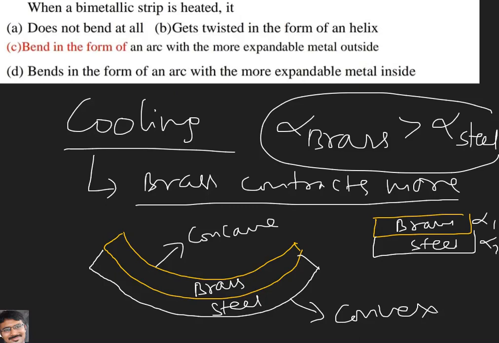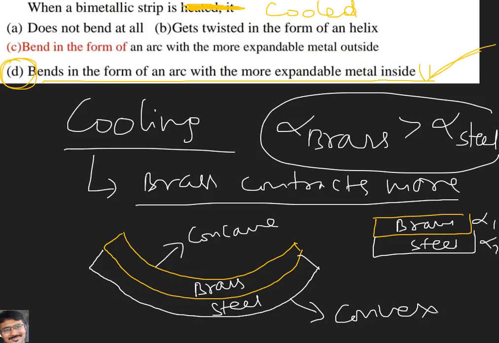If the question, instead of heating, is given like that, when a bimetallic strip is cooled, then my answer is the fourth option. Why? Bends in the form of an arc with more expandable metal inside. Which is the more expandable metal? Brass is the more expandable metal.